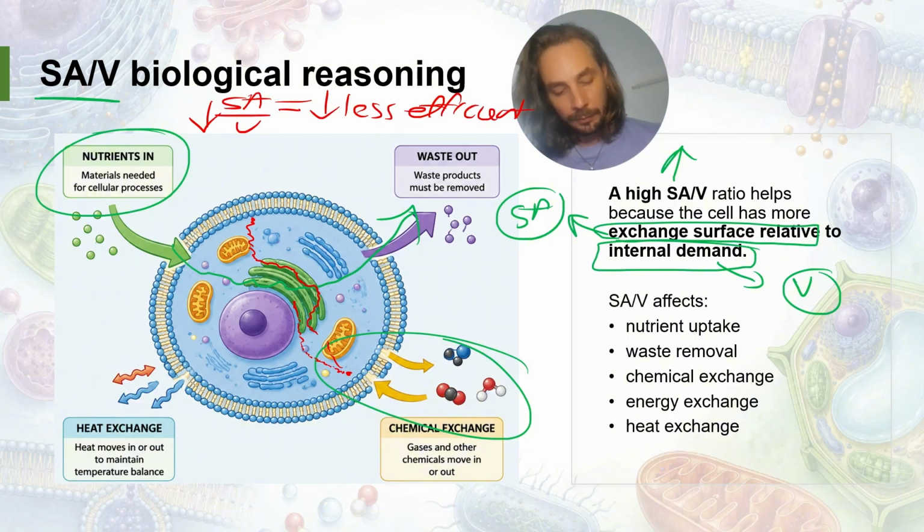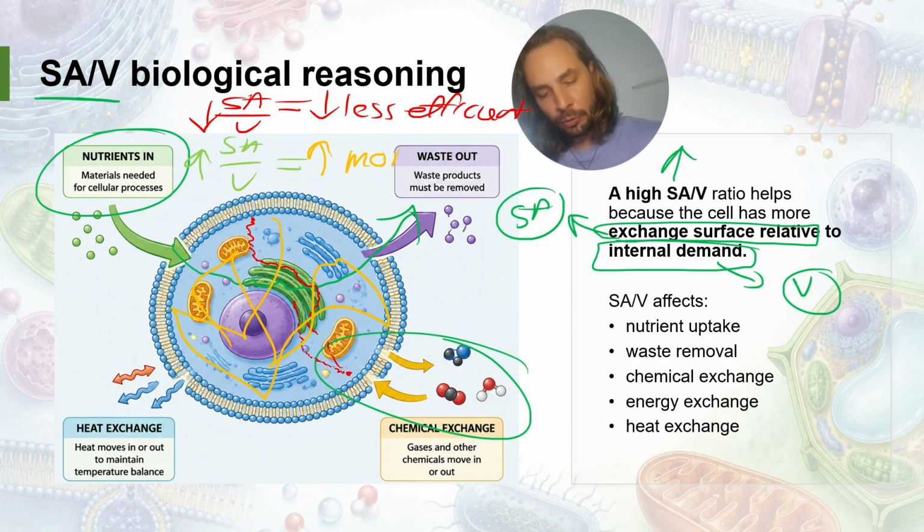But if it's a high surface area to volume ratio, it means that these molecules can travel really quickly to where they need to be. So that makes it more efficient.